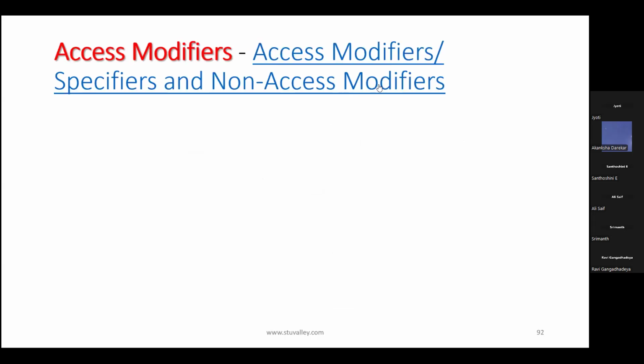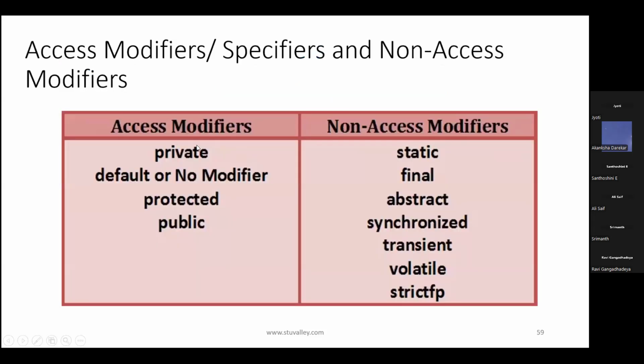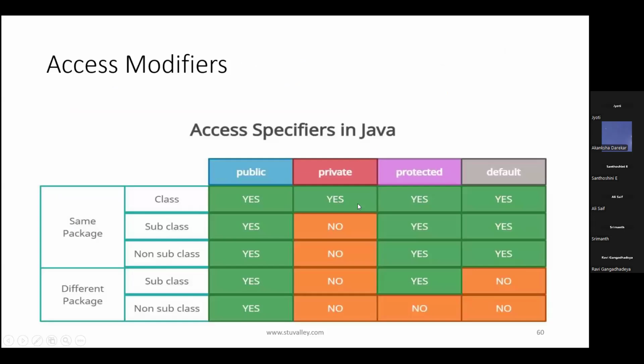Access specifiers and modifiers we have already seen. We will simply revise this. There are 4 different access specifiers: private, default, protected, and public. If a member is public, you can access it from anywhere.